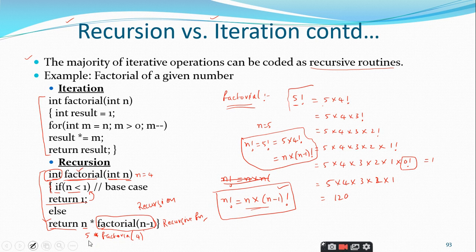So what happens here is 5 multiplied with factorial of 4. Here you can see that it is again calling the function factorial of 4. Initially I have taken 5, right? Now I call the function with 4.